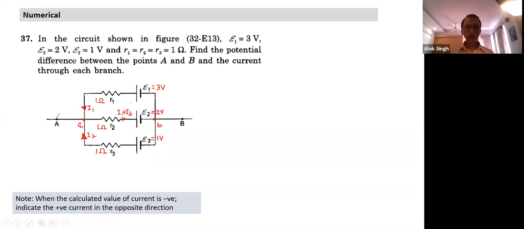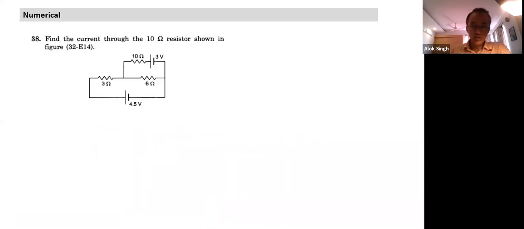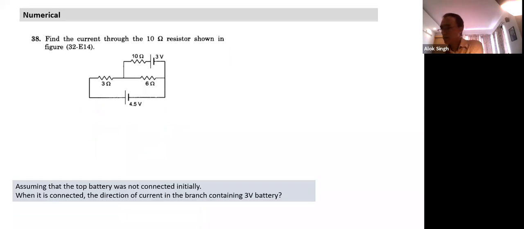So can we easily solve this question with two equations? If we solve like this, what is the value of I1 and I2 we get here? Can some of you quickly get this value? For the given direction, you have to write the equation for the top loop and bottom loop.